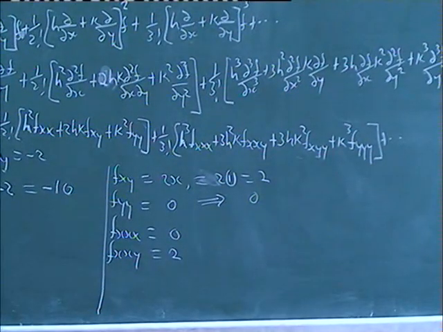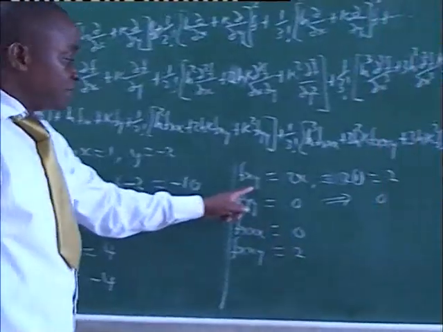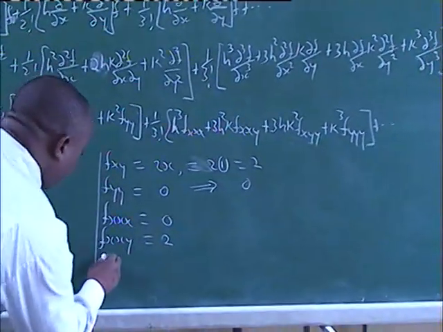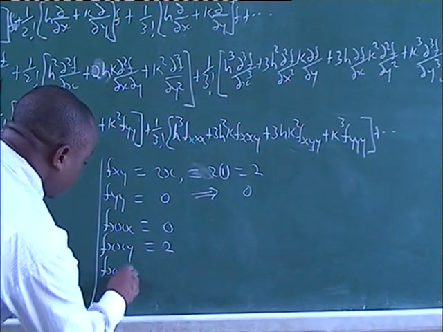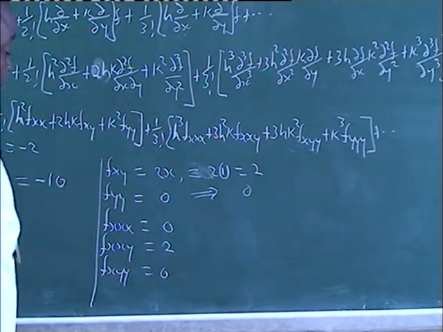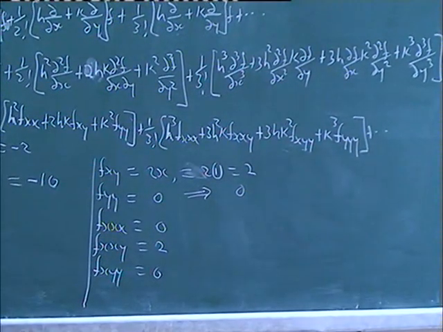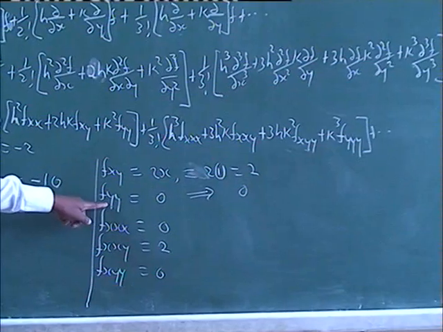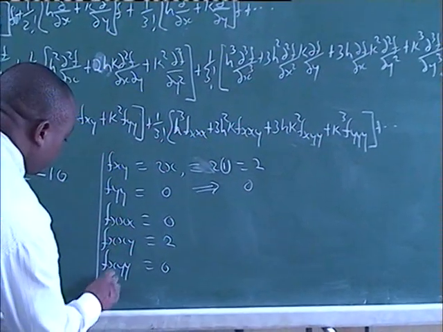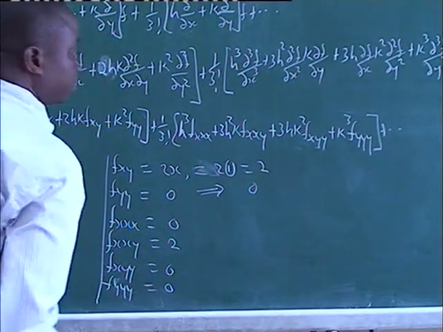That is what it means. The cross partial was here. So if I differentiate it with respect to y, f xyy, I have 0. Okay, now the last one, we have the third partial derivative of f with respect to y. So I will go here and differentiate with respect to y, it gives me 0. So I have f yyy is 0.